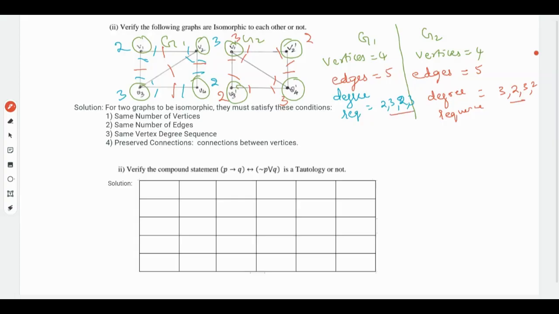We have two 2s and two 3s in both. So it is the same for both. Every vertex is also connected. Therefore it is an isomorphic graph. Therefore the given graphs are isomorphic.